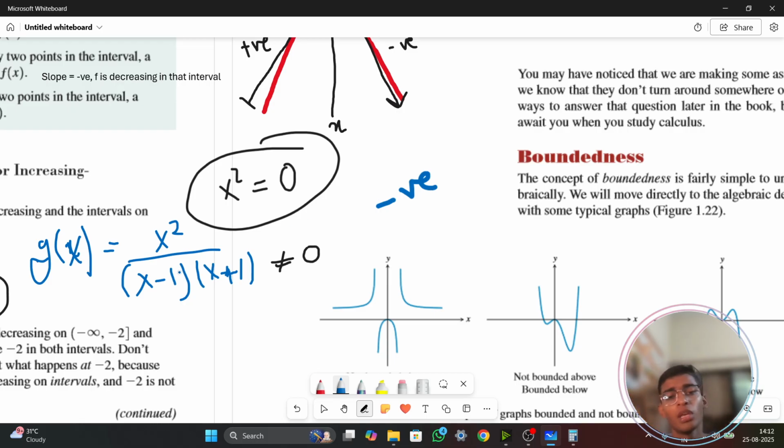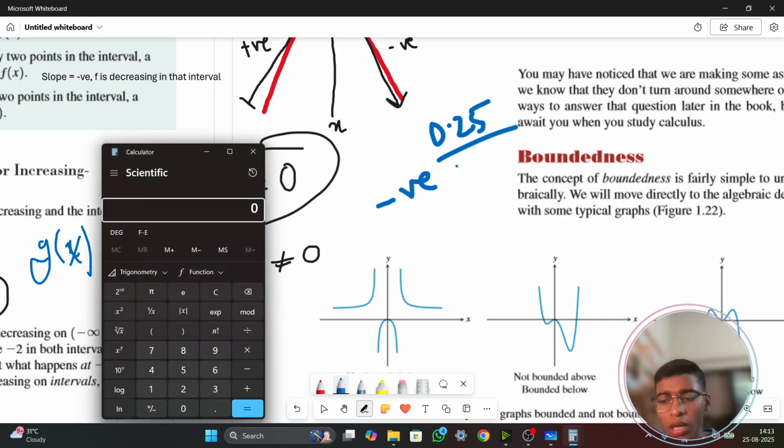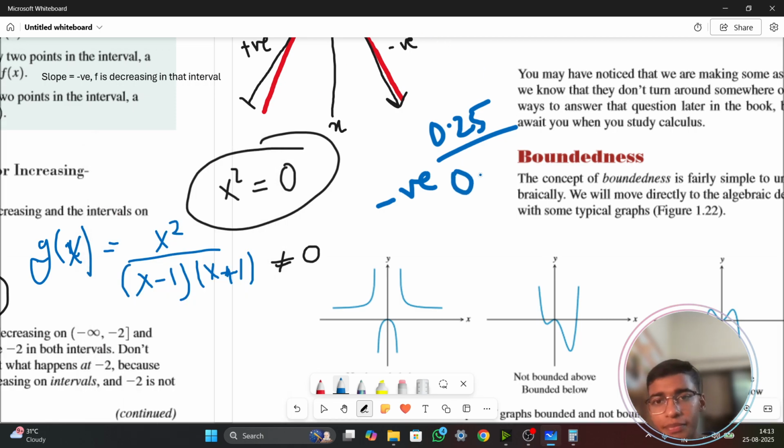Now, 0.5 squared is 1 by 4, that is 0.25, in the upper portion, and below I am getting 0.5 into 1.5, that is 0.75, and this is negative actually. So you will get minus 1 by 3.